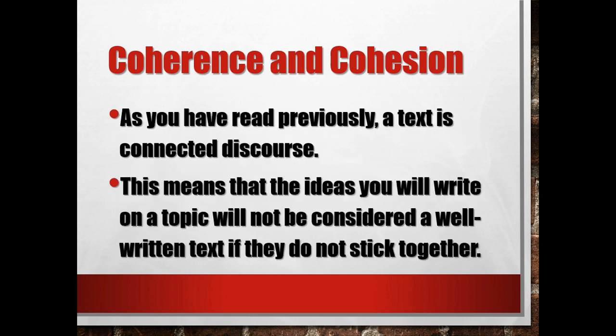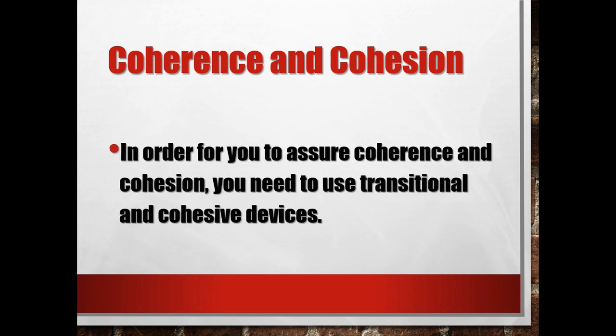A text is a connected discourse, meaning a text is a conversation that is connected with each other. This means that the things that you write, your ideas about a topic, will not be considered well written if they do not stick together. If the ideas are too far from each other, then it's not connected discourse anymore.